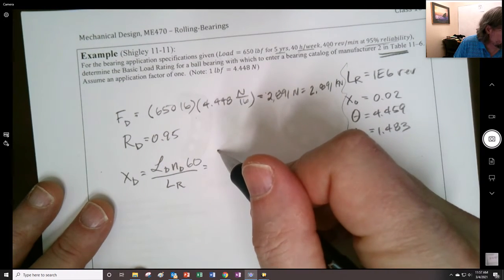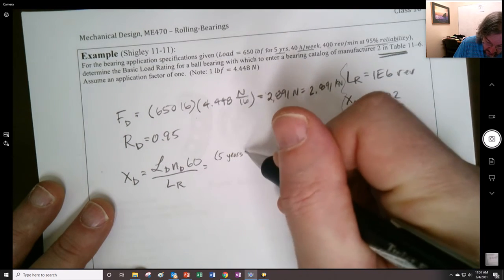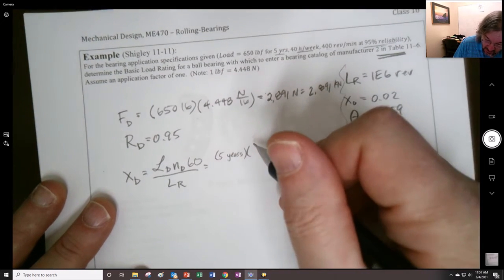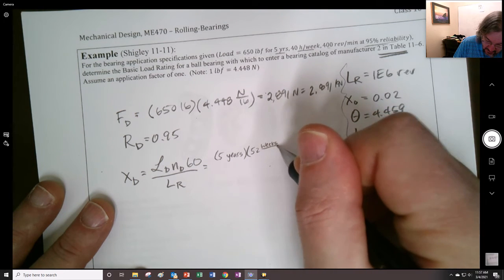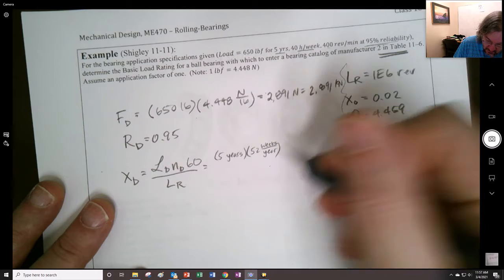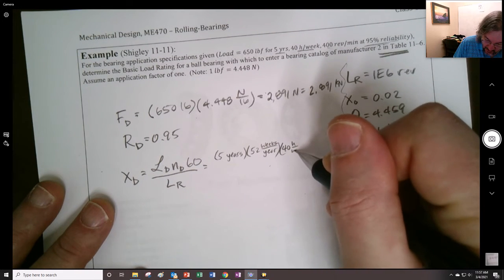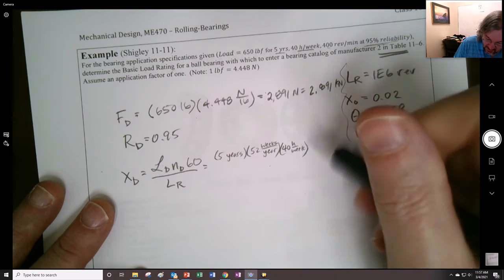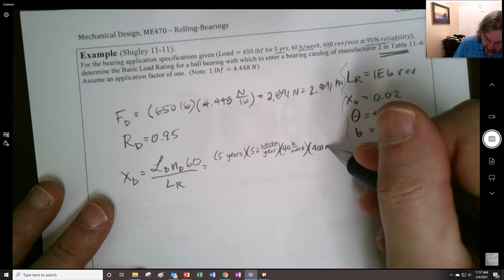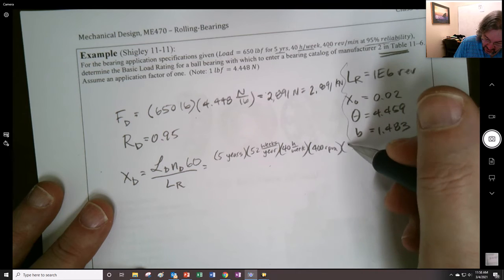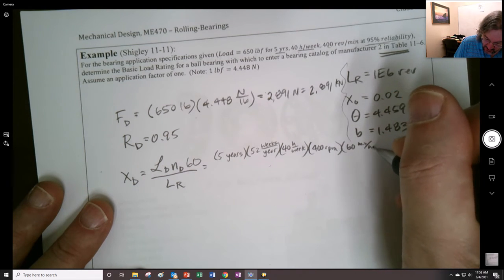So we take 5 years times 52 weeks per year times our 40 hours per week times our 400 RPM, and then our 60 minutes per hour right there.